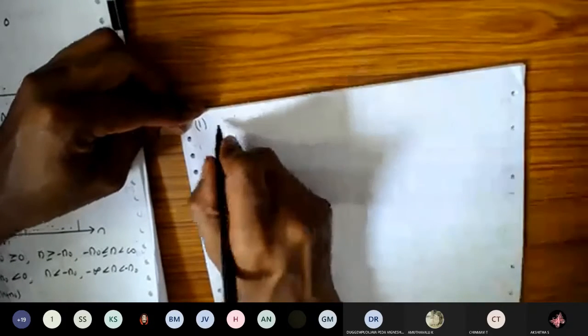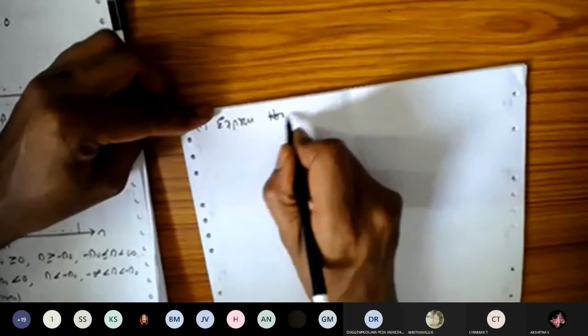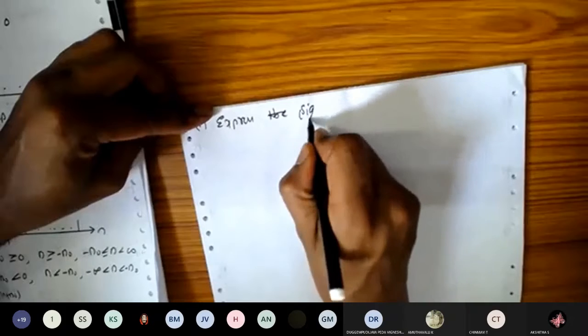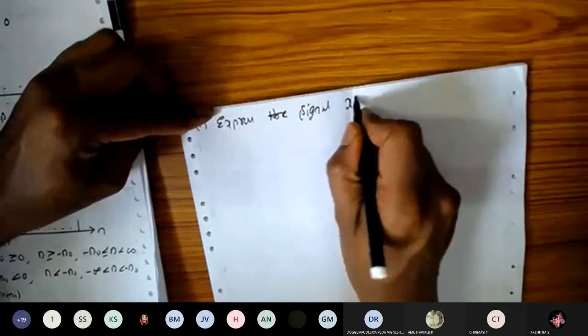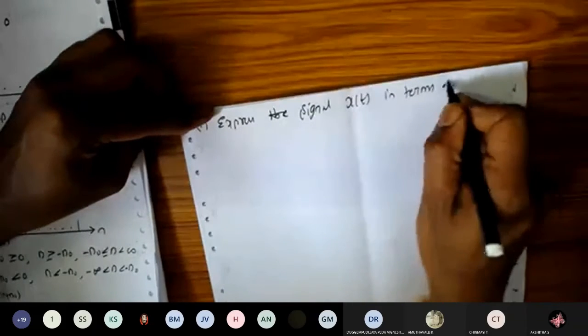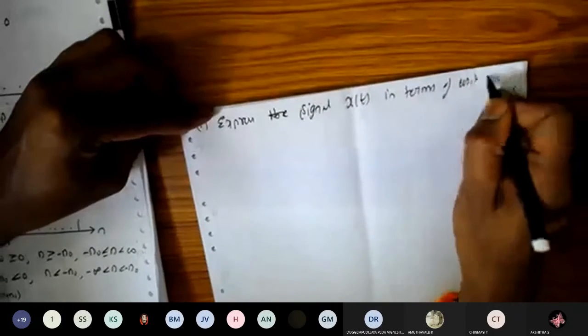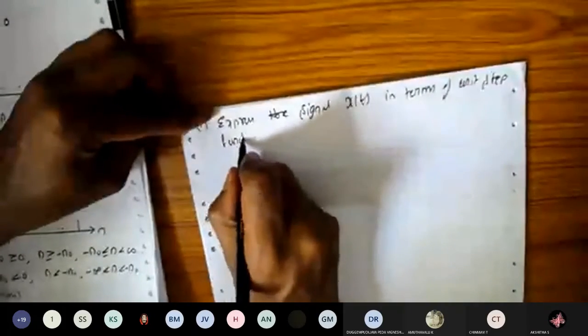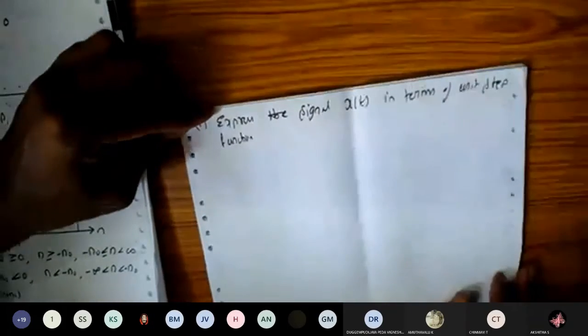Express the signal x of t in terms of the unit step function.